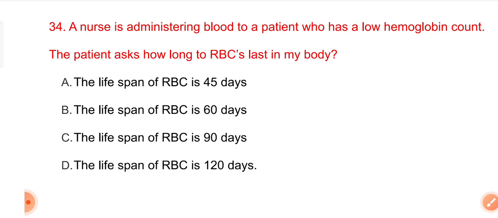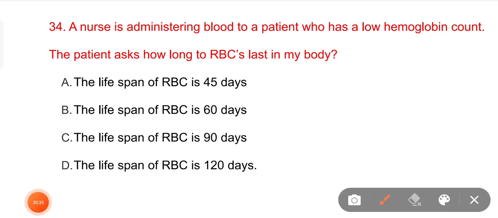The options are: option A, 45 days; option B, 60 days; option C, 90 days; option D, 120 days. The right option is option D. The lifespan of red blood cells is 120 days.